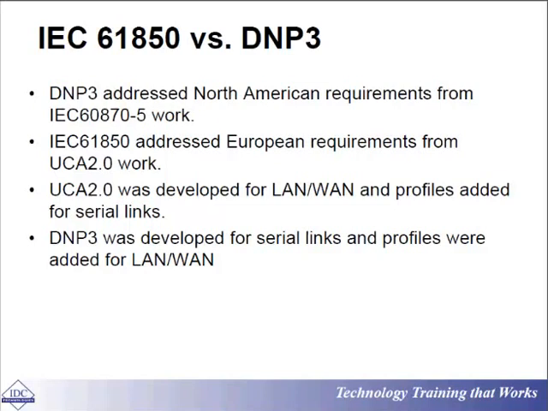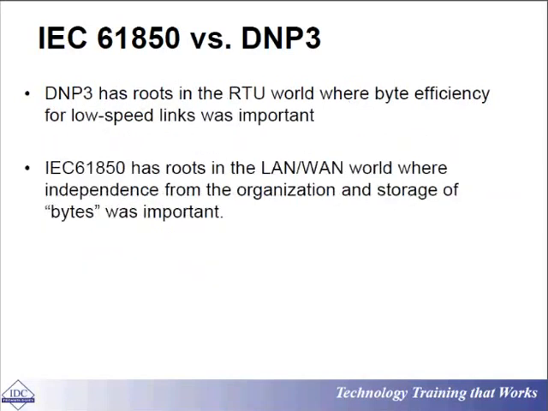However, DNP3 is more like you have got serial ports, you have got, I don't know, data links or things like this. So basically, DNP3, as it says in here, has its roots in the RTU, where byte efficiency for lower speed links is absolutely important, while this 61850 has its roots in LAN and WAN.